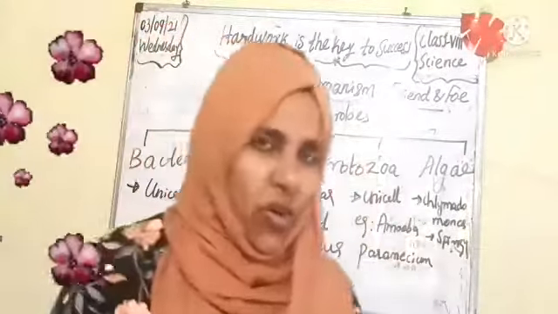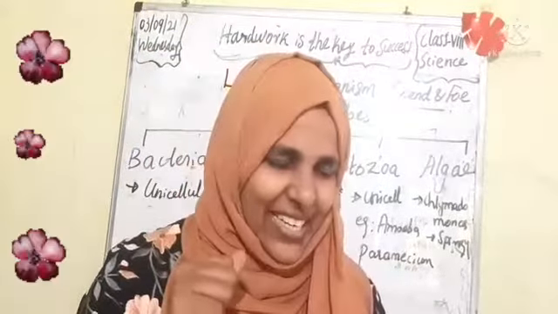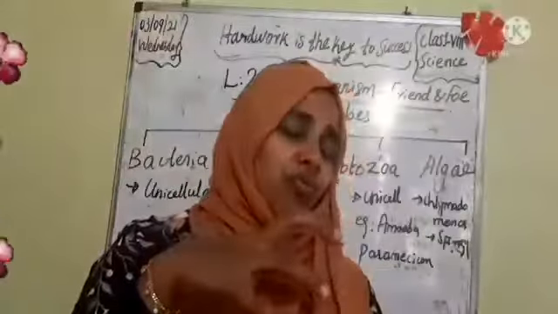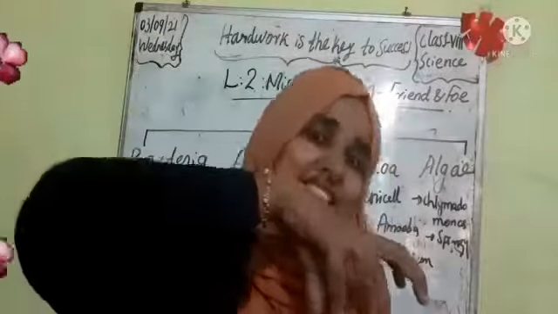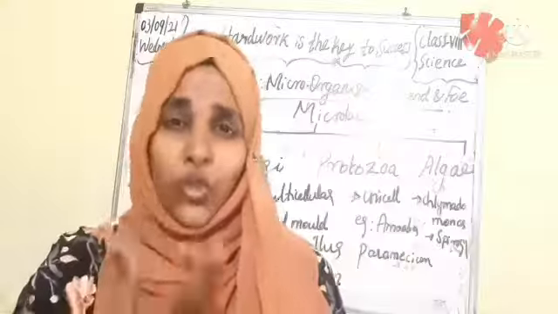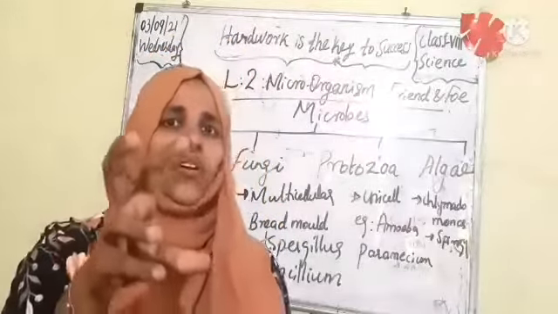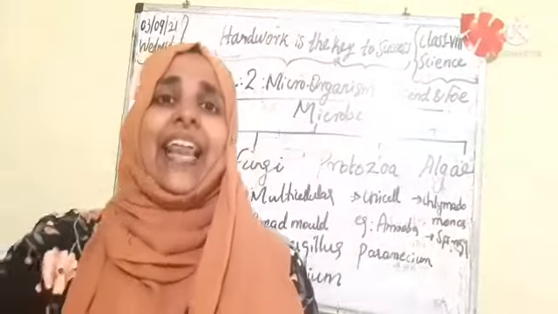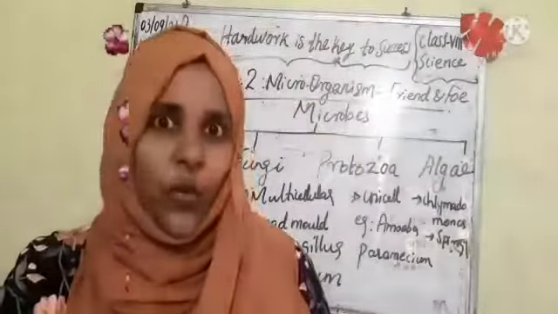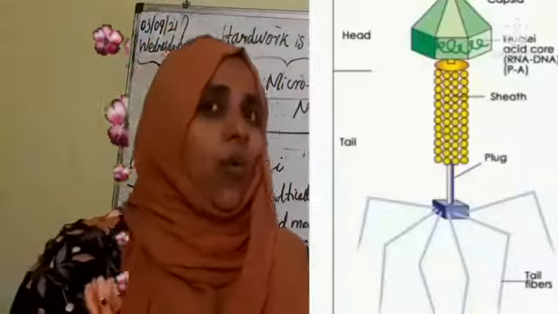And one more microorganism is there, a special type of microorganism which can enter some bodies, and then only they can survive. So do you know the example, children? It is actually a microorganism, but it can enter someone's body, and then only it has life. Example, that is virus.